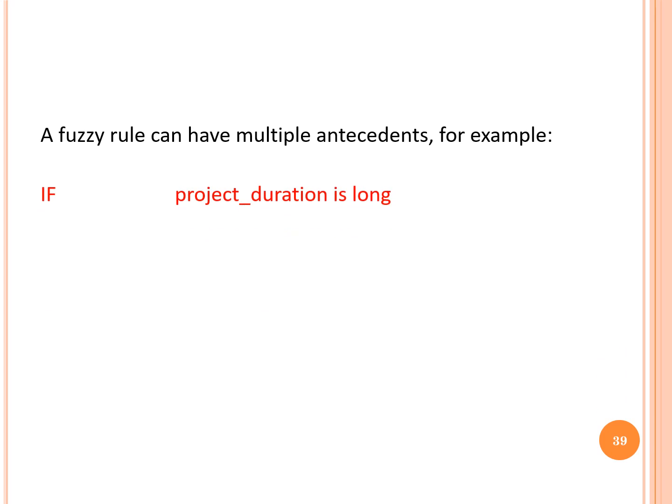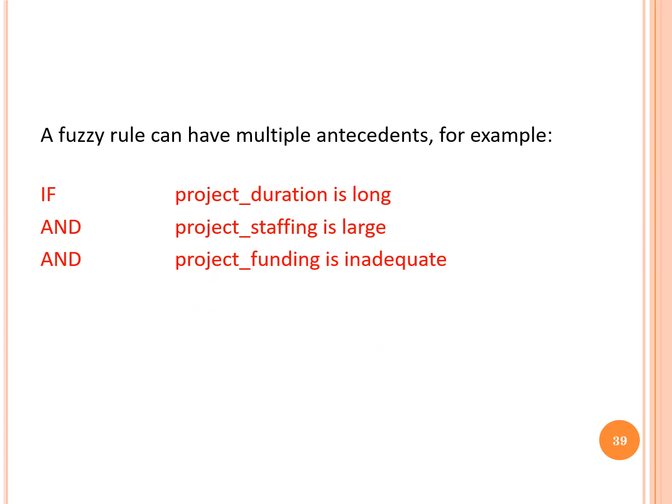A fuzzy rule can have multiple antecedents. For example: if project duration is long and project staffing is large and project funding is inadequate, then the risk is high.